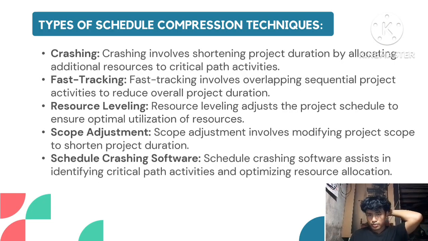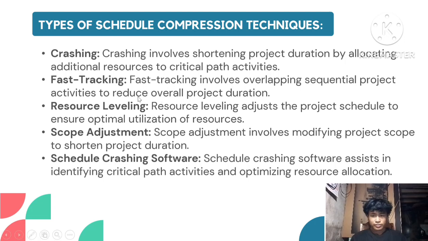So these are the types of schedule compression techniques. Crashing involves shortening project duration by allocating additional resources to critical path activities. Crashing accelerates project completion by adding extra resources to critical path activities, maximizing efficiency without altering task sequence.